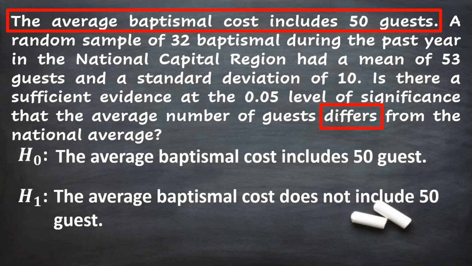So you have to look for a synonymous term for differs that is grammatically acceptable with the statement "the average baptismal cost includes 50 guests." What's the opposite of that one that still falls under the concept of differs? It can be: the average baptismal cost does not include 50 guests.